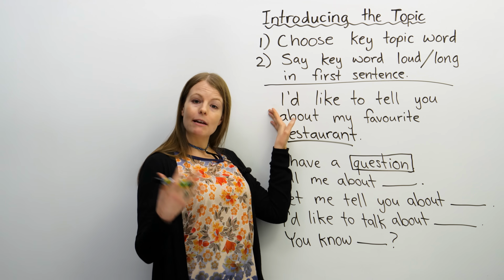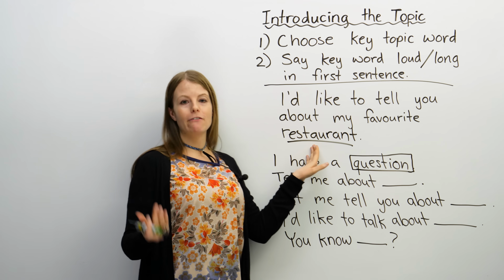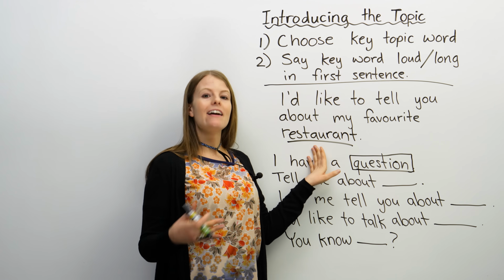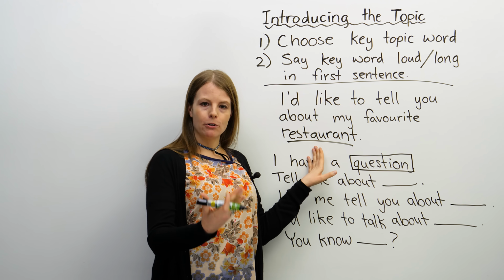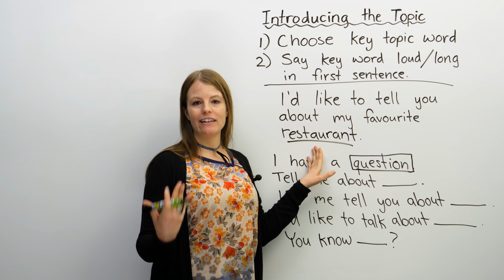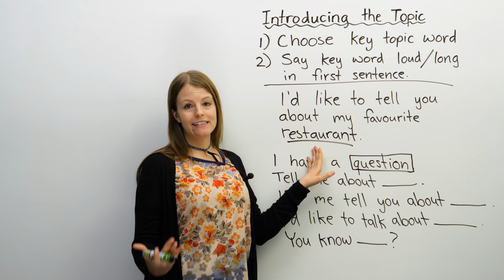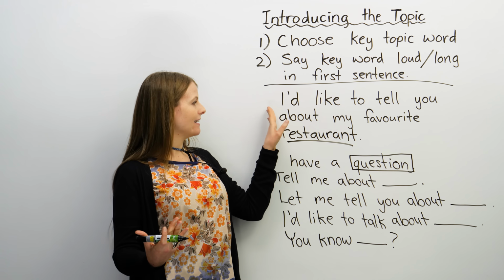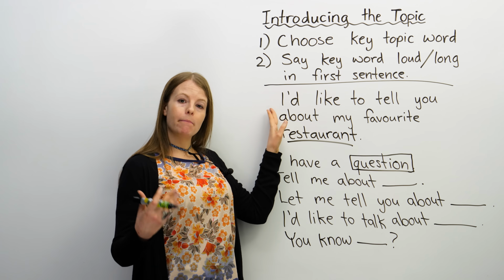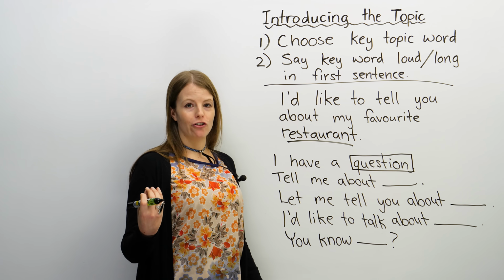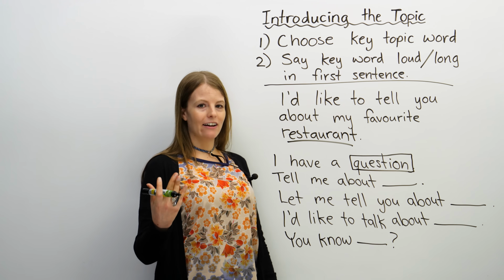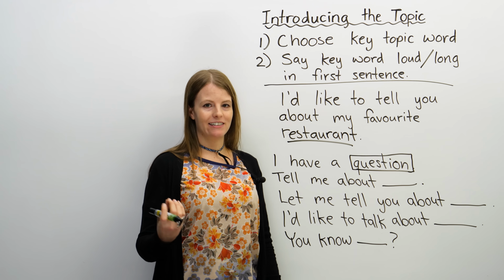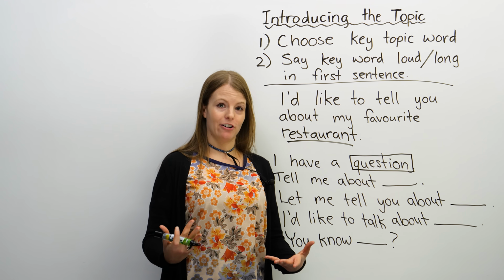So imagine I want to talk about my favorite restaurant, okay? And I don't think the person who is listening is going to understand me. What I can say is, I can start by saying, "I'd like to tell you about my favorite restaurant." Notice how I said the word restaurant louder and longer.